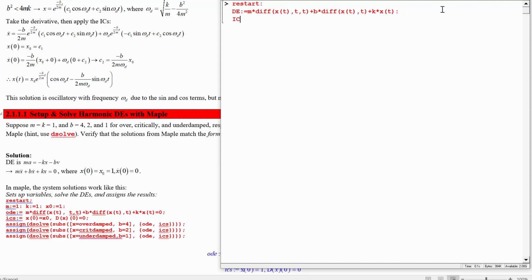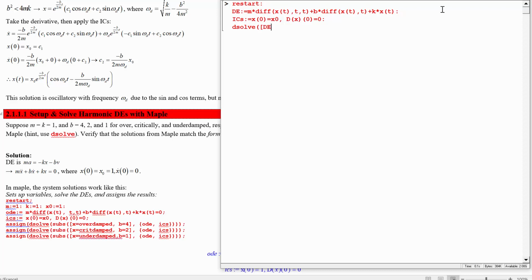And the ICs we have are that x at 0 is x naught, and x dot at 0, dx at 0 is 0. Okay, so let's see if we can get this to solve without actually specifying what m, b, and k or x naught are.